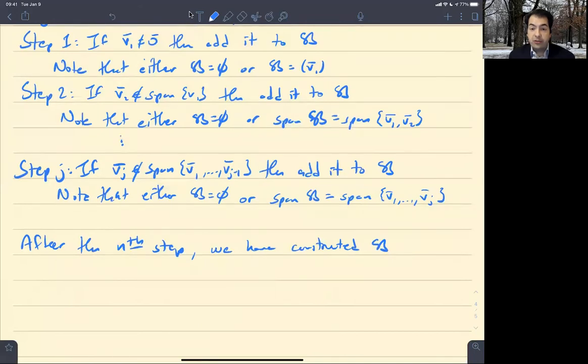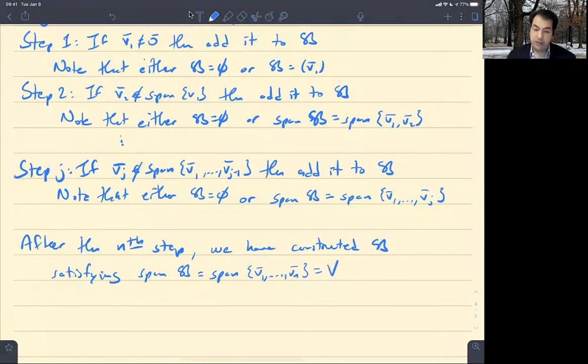If it does, we keep it. If not, we throw it away and look at the next vector. After the nth step, we have constructed B, satisfying that the span of the vectors in B is the same as the span of v1 through vn, which by assumption is all of the vector space V.